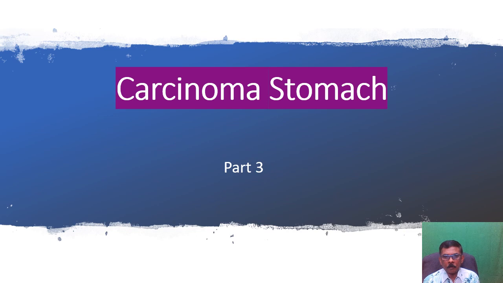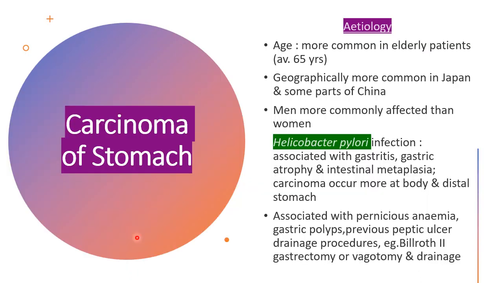Next, I go on to part 3 to talk about some malignant lesions of the stomach, in particular adenocarcinoma. Carcinoma of the stomach, or cancer of the stomach, is not a very uncommon carcinoma.